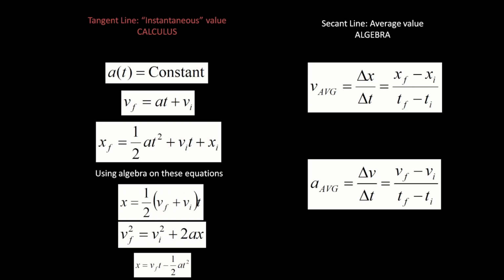So algebra giving us the average values. And then calculus generates these two equations by assuming a constant acceleration. And then using algebra, combining these two together, we can substitute and get these other three.